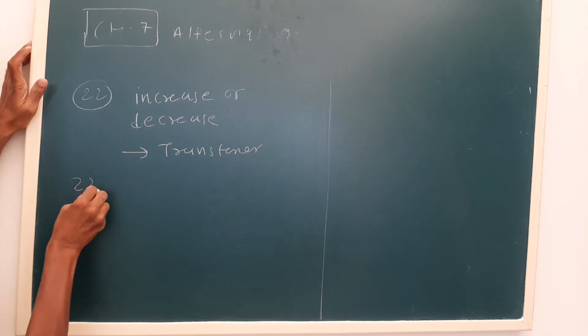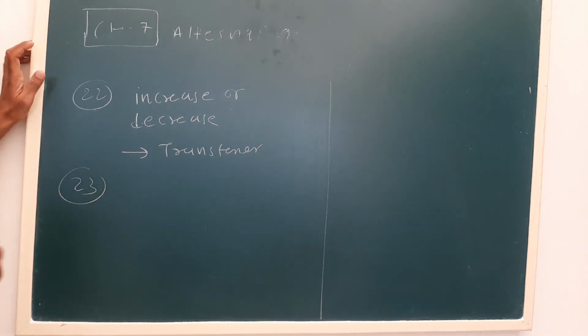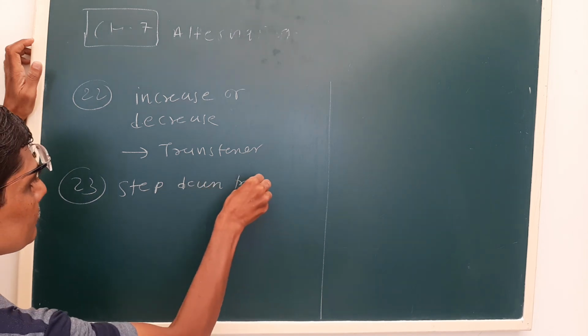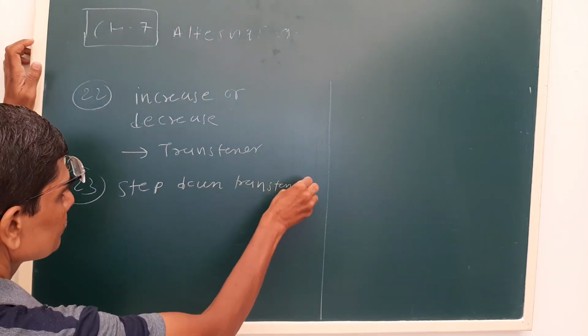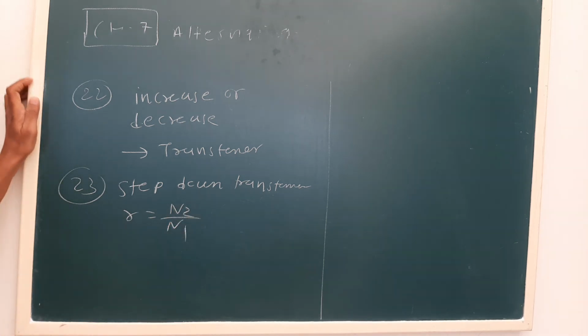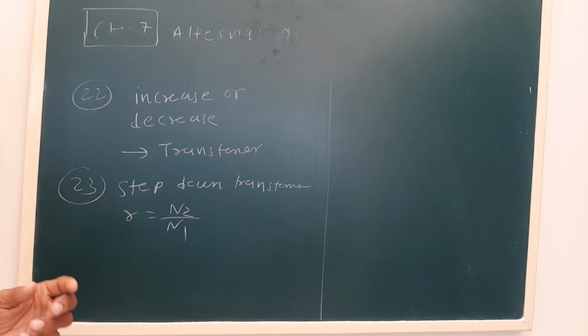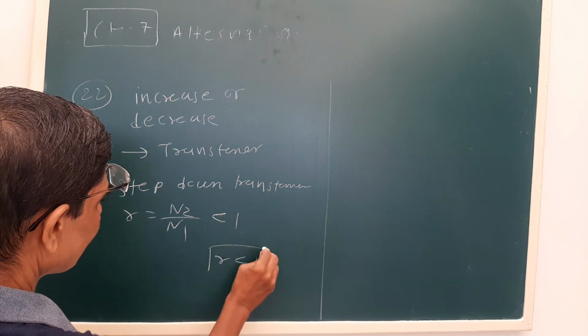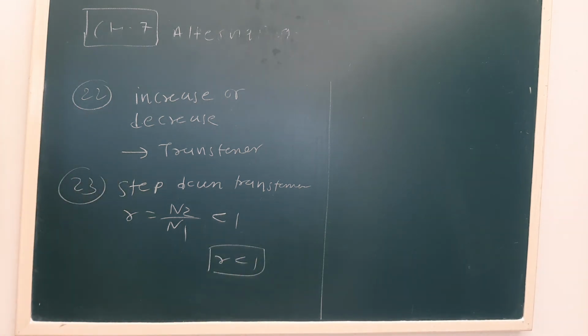Now see the next MCQ for the step down transformer. The transformation ratio R is N2 upon N1. Now for a step down transformer, the voltage decreases, so naturally the transformation ratio will be less than 1. Okay, that is about MCQ number 23.